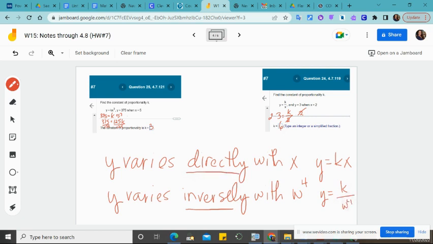If they say directly, it's going to be k times whatever is next. So if they had said varies directly with x squared, then we would have an x squared over here. Make sense? So directly means you multiply k times whatever is over here. Inversely means you divide k by whatever is over here. Okay?